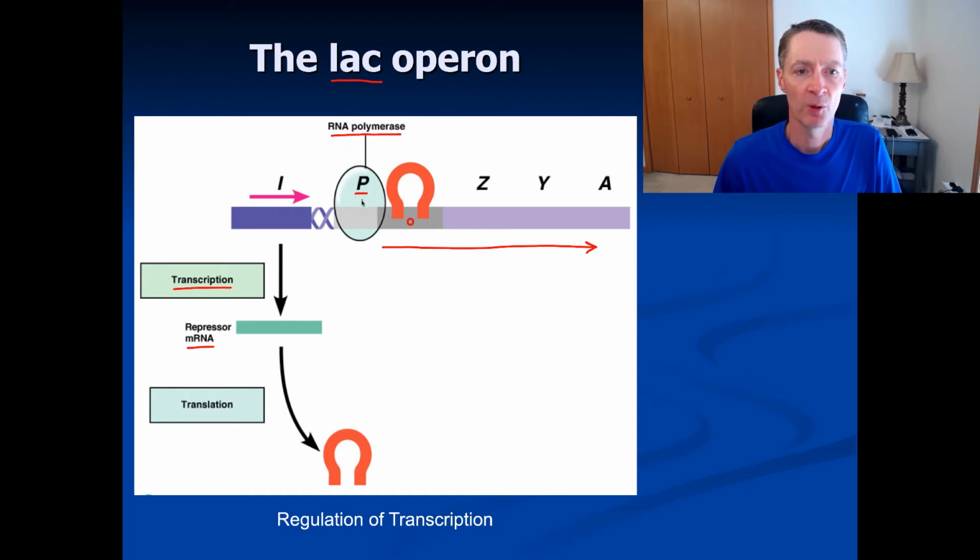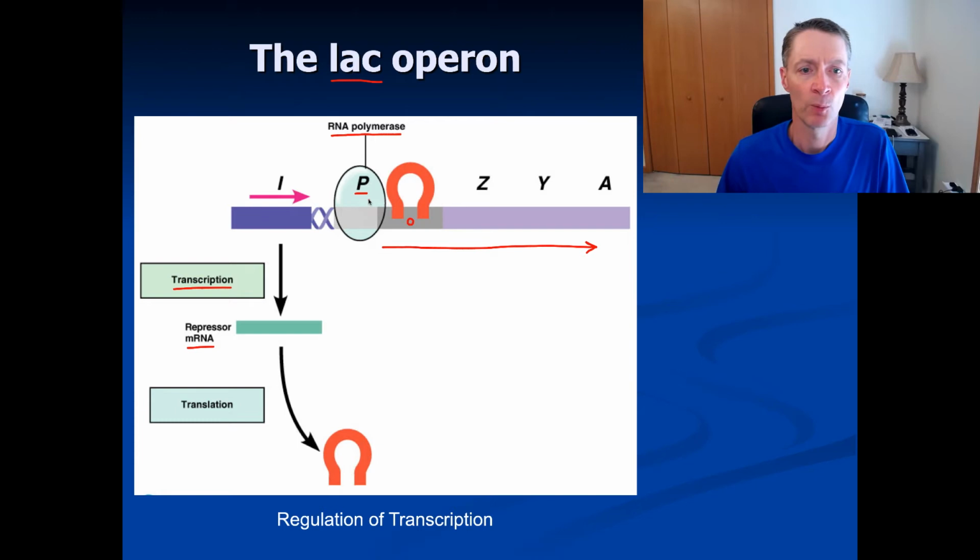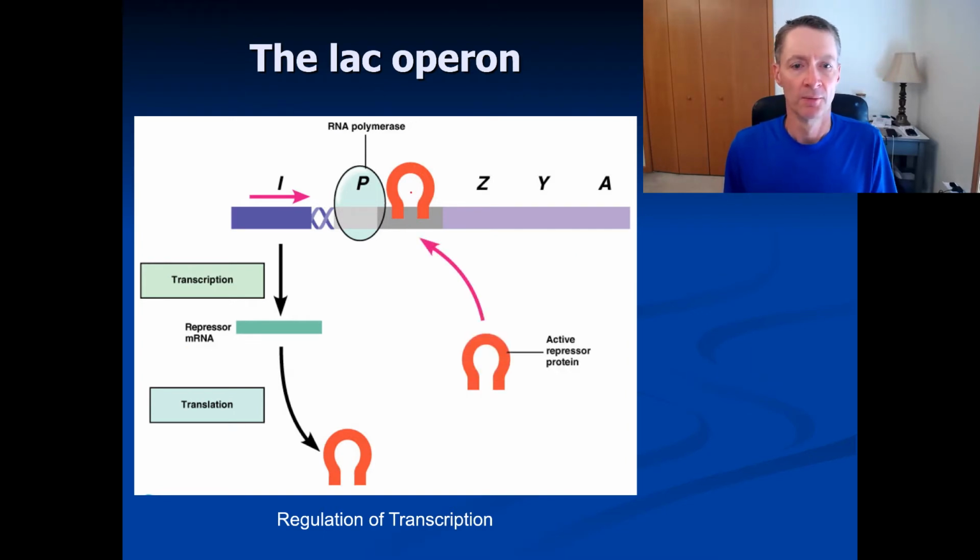If an RNA polymerase binds to the promoter and it wants to ride the train tracks and go down this and read to make a transcript, it will not be able to do so because the repressor protein is sitting in the way. It's sitting right on that operator, inhibiting that from happening. So, when there's no lactose around, there are no genes read for the use of lactose, okay? This is an active repressor protein in this scenario, right?